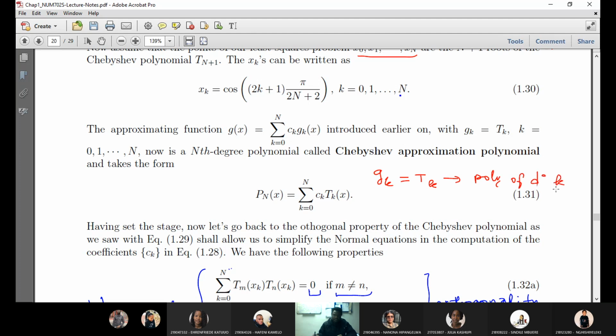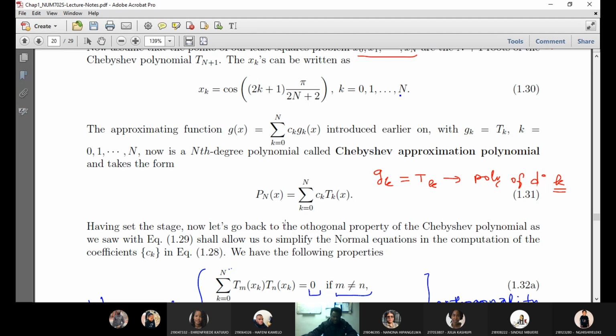Now, if you take the sum of polynomials of degree 0, 1, 2, up to n, the final is a polynomial of degree n. So that's why instead of denoting it by g(x), you can already specify that this g(x), in fact, is a polynomial of degree n. So that's why we are writing here, and that's the least square, I mean the Chebyshev approximation polynomial.